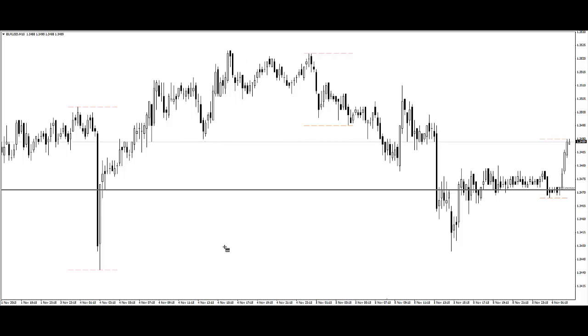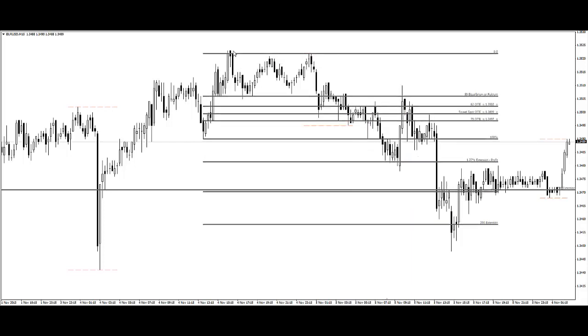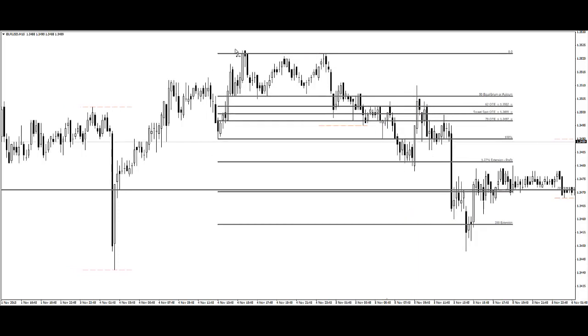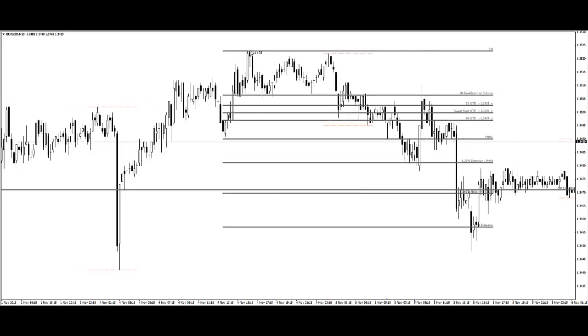So anything moving down in price will most likely be a fib level for downside objectives. Okay, here's the 127 extension from this low to high. It's 127 and 162, and then 200 extension here.